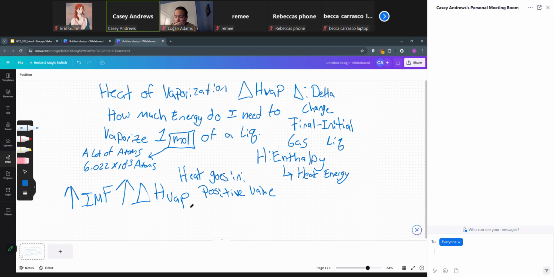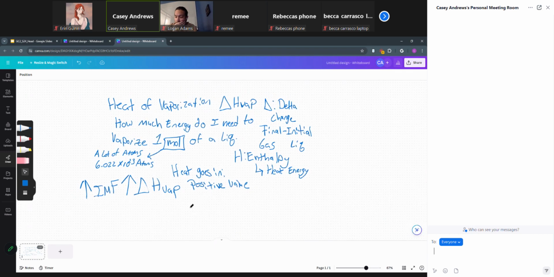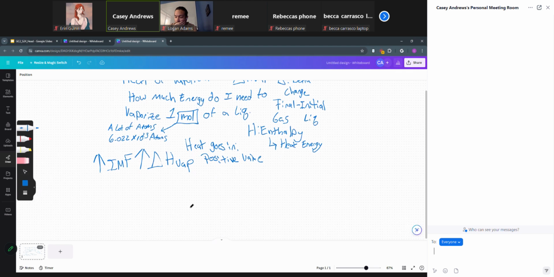Delta H vaporization, and this was brought to my attention, on our pre-class assignment I picked the wrong option, but it does have units of kilojoules per mole. One of the things I would love for chemistry students to be able to do is look at these units and translate them.